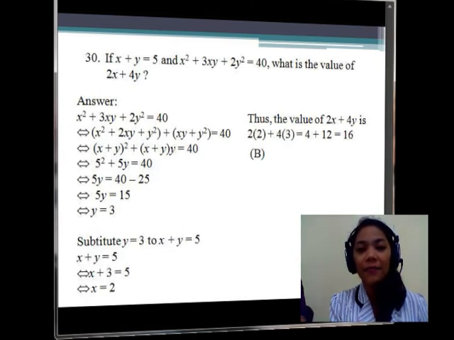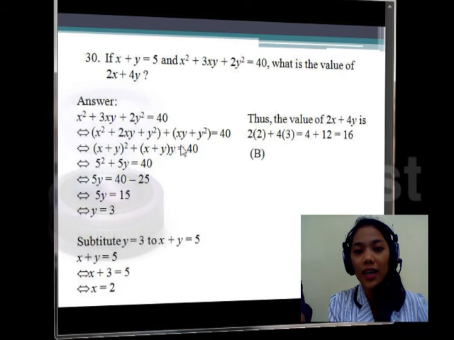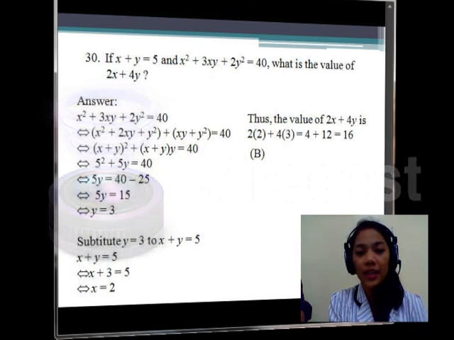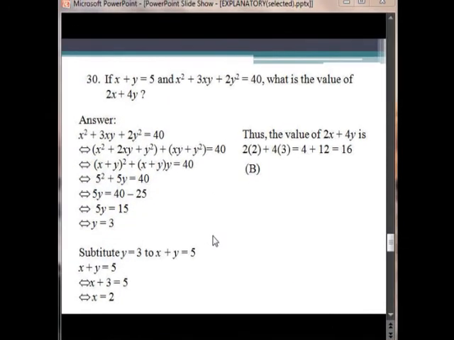Last item. If x plus y equals 5 and x squared plus 3xy plus 2y squared equals 40, what is the value of 2x plus 4y? So there you have x squared plus 3xy plus 2y squared equals 40.